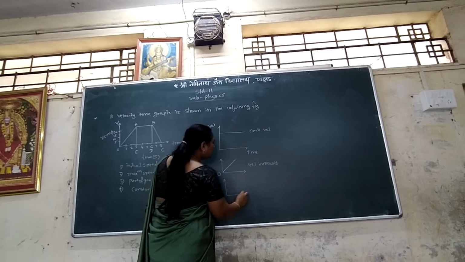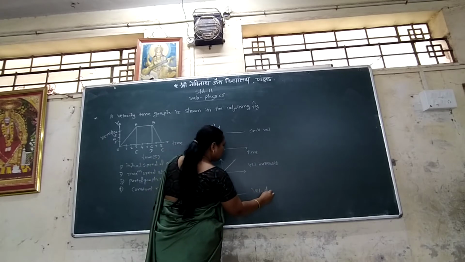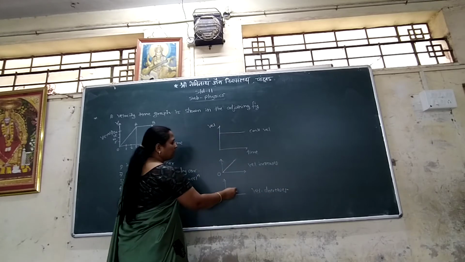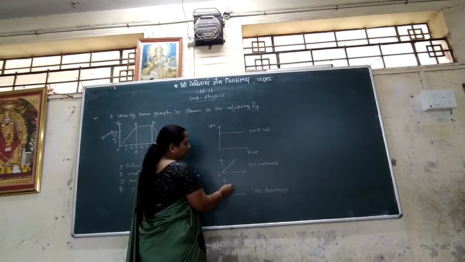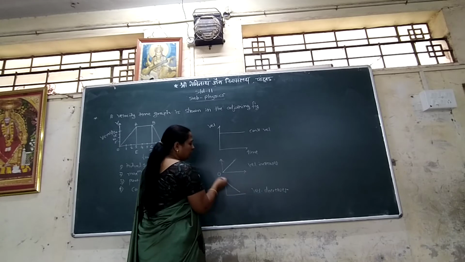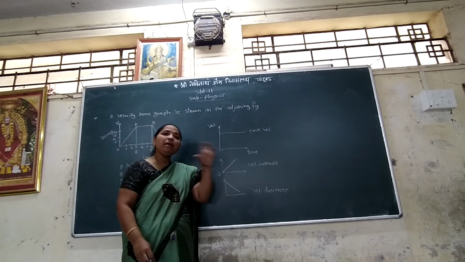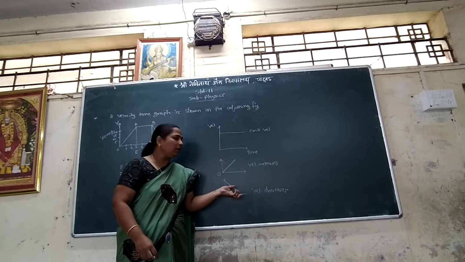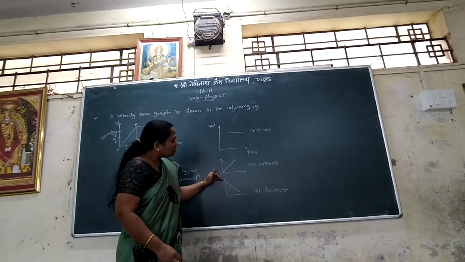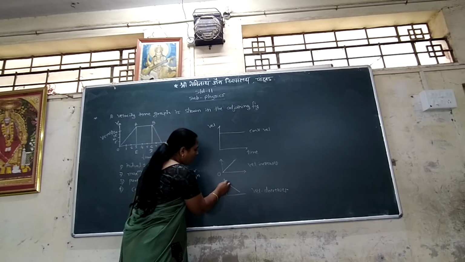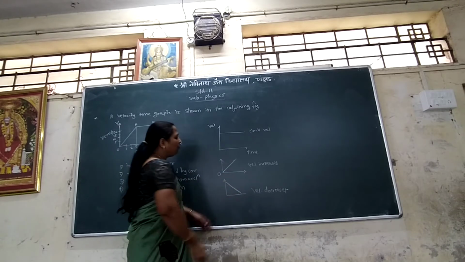But when the velocity decreases, the graph shows decreasing velocity. When we apply the brake of a vehicle, its velocity decreases from maximum value to minimum value.